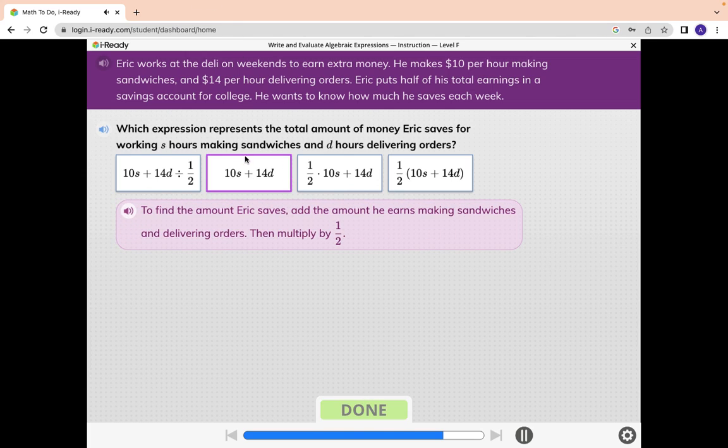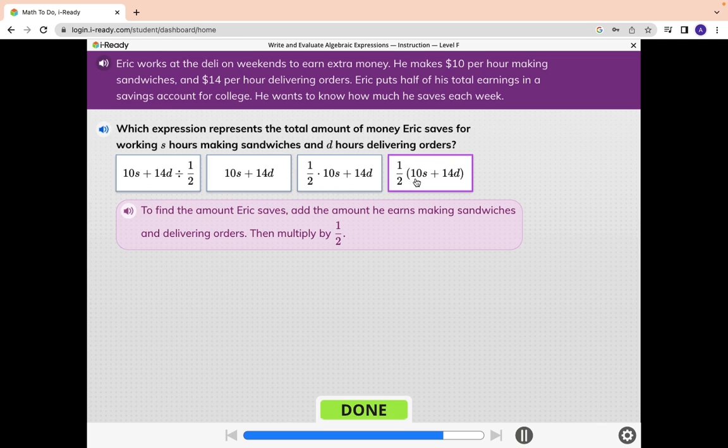To find the amount Eric saves, add the amount he earns making sandwiches and delivering orders. Then multiply by 1/2. So we need to add the amount he earns making sandwiches and delivering orders, then half it. So 10S plus 14D times 1/2.